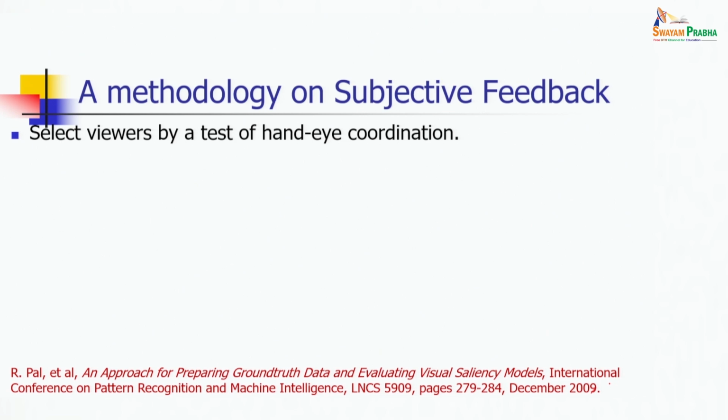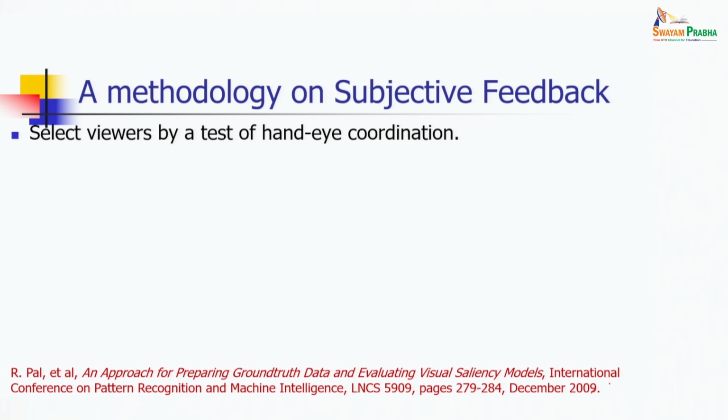But before that, we would also like to see the nature of the viewer, because the psychology of a viewer is also involved. So we see how capable the viewer is of giving a proper answer. There is a technique we developed called the hand-eye coordination technique.